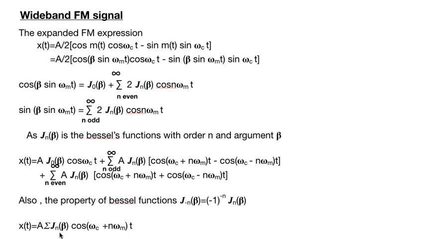Now let's look at the properties. A property of the Bessel function is J of minus n beta equals minus 1 to the power n times J n beta. It gets reversed from J of minus n beta to J n beta. X of t is J n beta cos of omega c plus n omega m t.